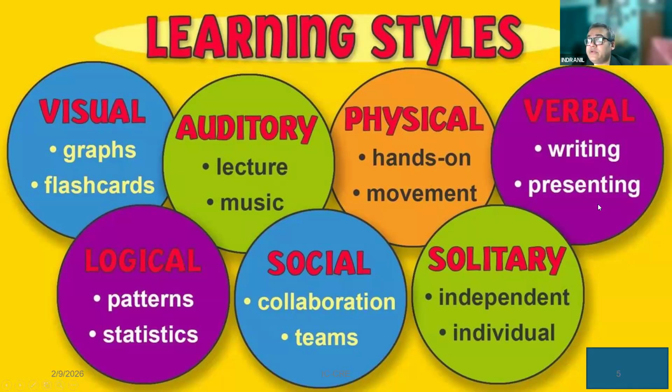Verbal is writing and presentations. Solitary is independent or individual learning on their own, and social learning is basically in a social gathering, collaborative learning. And logical is basically with reference to recognition of patterns, and of course some statistical part, that is probabilistic methods.